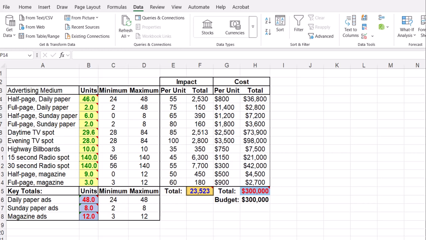Is it something that you didn't even come close to using the maximum of? For example, on this solution for daytime TV spots, it only recommends really 30 of those. I could have gone all the way up to 84.